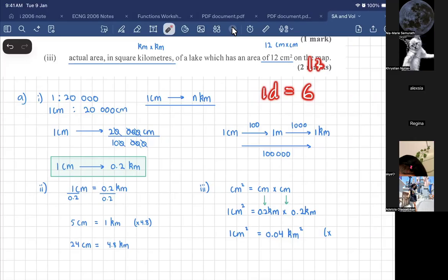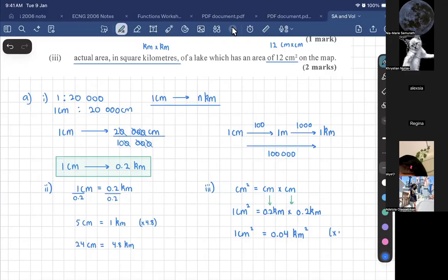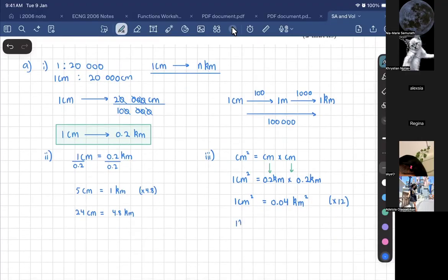So if I know that 1 centimeter squared is 0.04 kilometers squared, how would I find how much 12 centimeters squared is? What do I need to do with 1 to make it 12? Multiply by 12. Exactly. 1 by 12 is 12 centimeters squared, right? What's 0.04 by 12? 0.48.